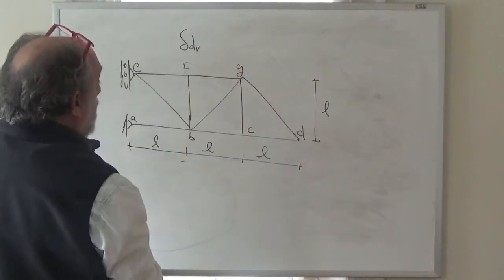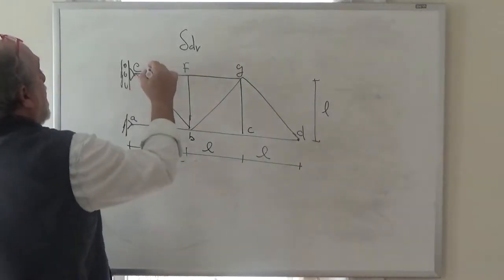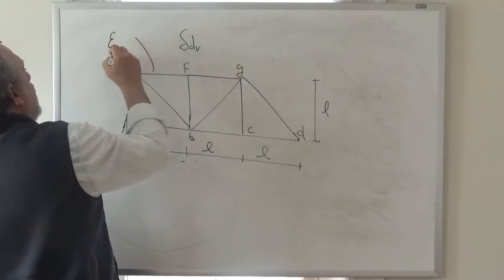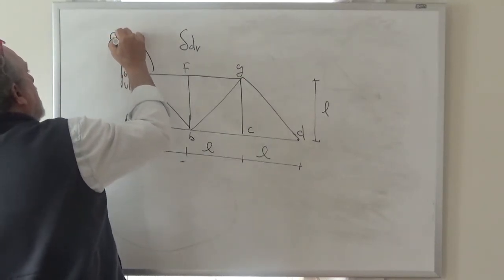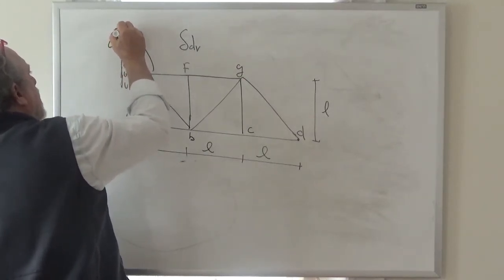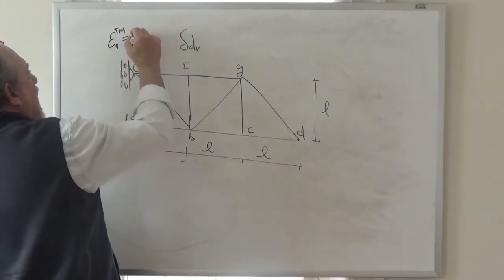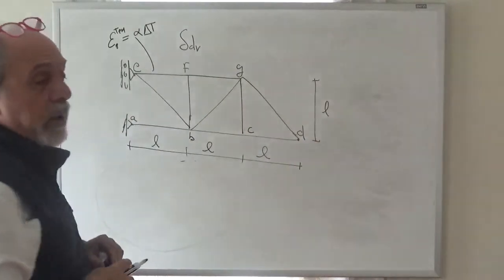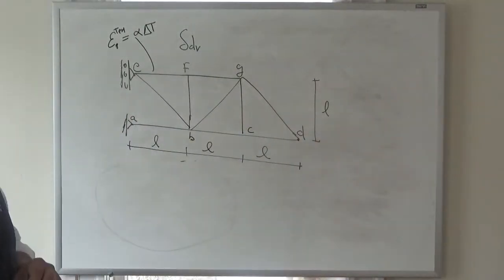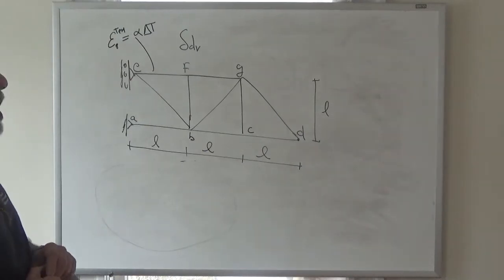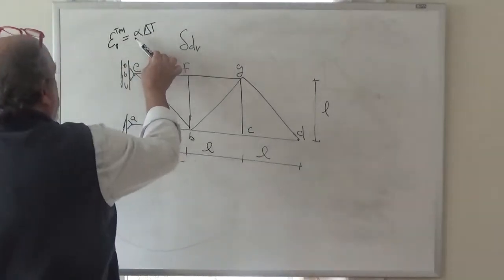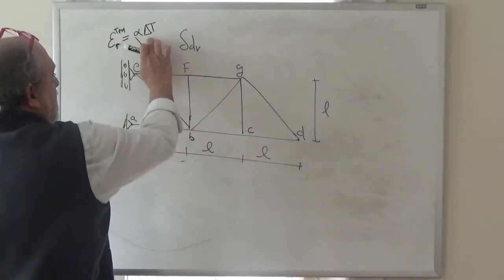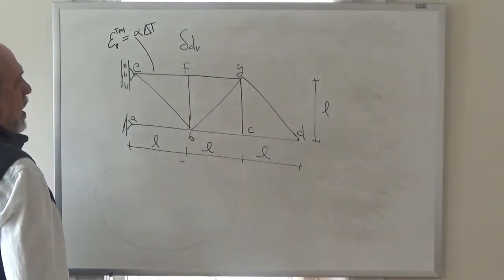And since only bar EF is heated, we can just say that our strain here due to temperature is just alpha delta T, where alpha is the coefficient of thermal expansion for the material that is used to make bar EF, right? So alpha is the coefficient of thermal expansion of the material of bar EF, delta T is the heating of the bar.